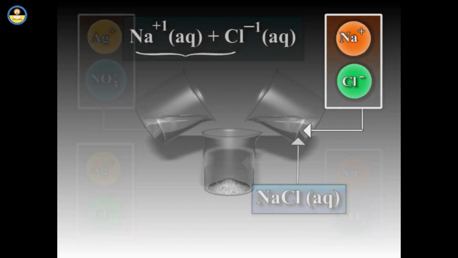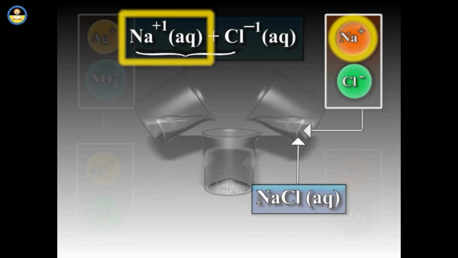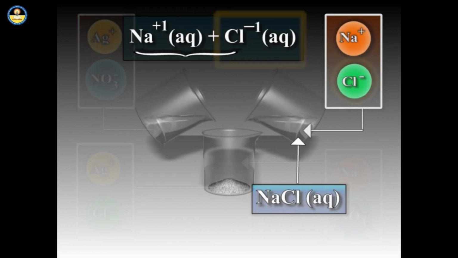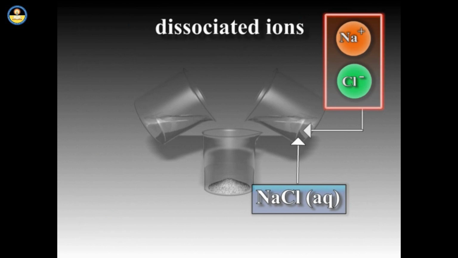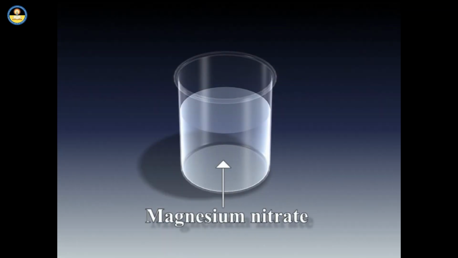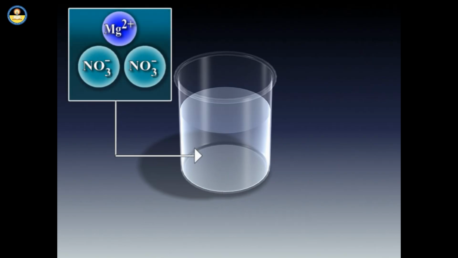Key point: sodium chloride actually means the sodium ions and the chloride ions are present in aqueous state. These exist as dissociated ions or ions in solution. Magnesium nitrate in aqueous solution really means that the magnesium ions and the nitrate ions are in dissociated or ionic form.